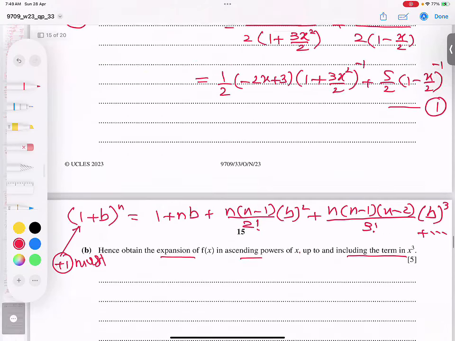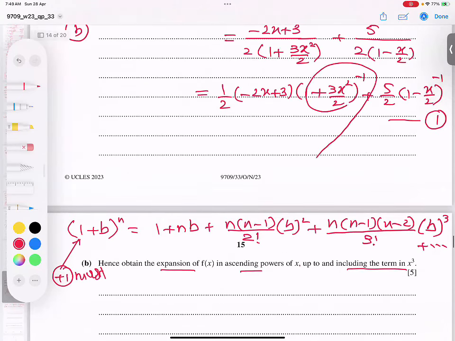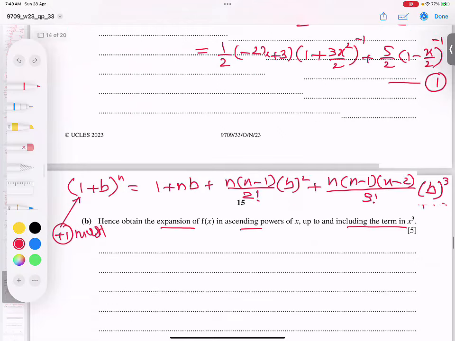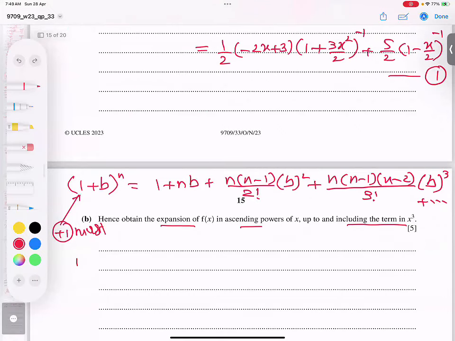Students, let's apply the formula in 2 situations, here and here. So let's see how we can apply it. I think I must take the whole part, and I'm writing now here: half times 2 negative 2x plus 3 times 2, 1 plus 3x squared by 2 to the power negative 1.